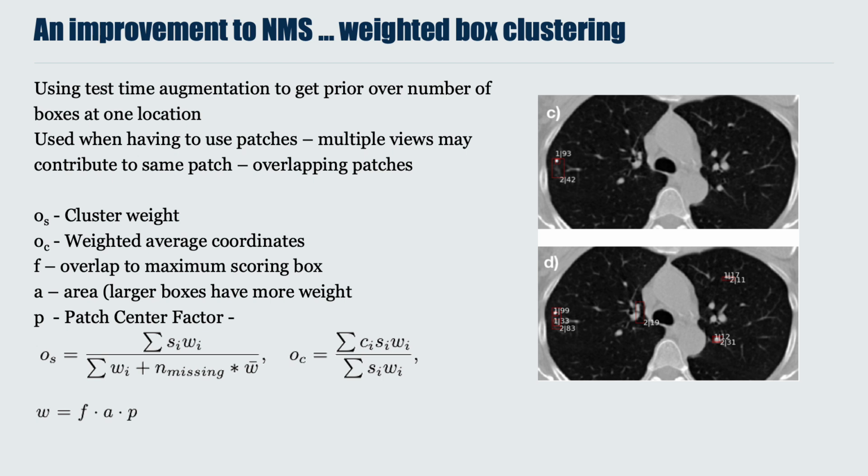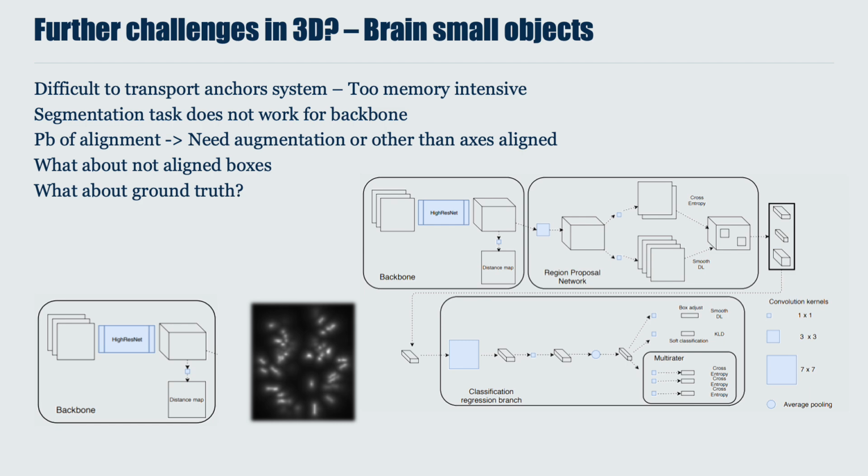And what they do afterwards is that they cluster the different boxes together, and they somehow try to overlap them with a specific cluster weight, where it allows them to say to which cluster they belong and to weight the different average coordinates. But that was all done in 2D.